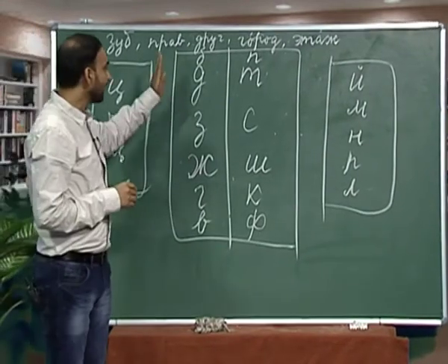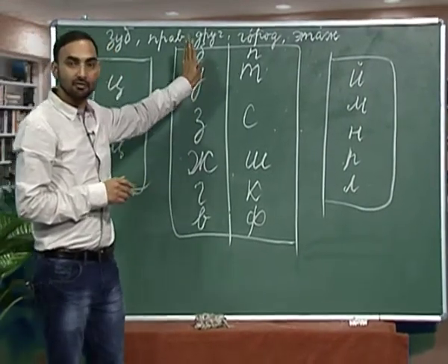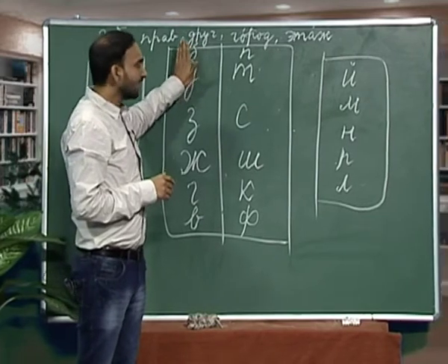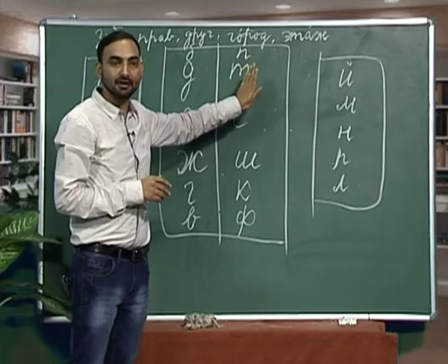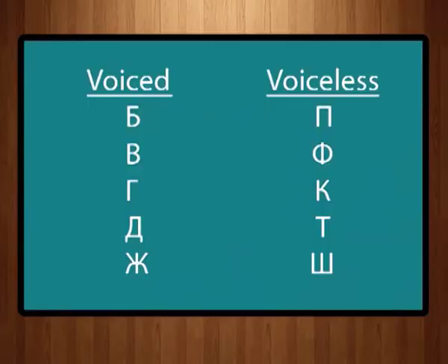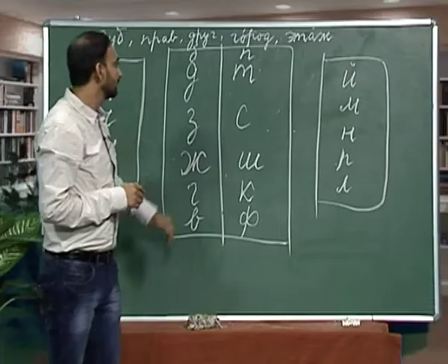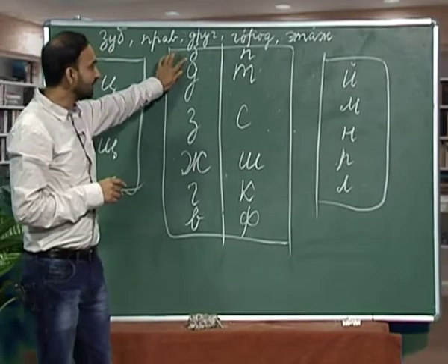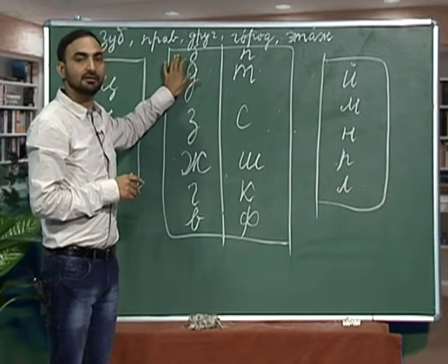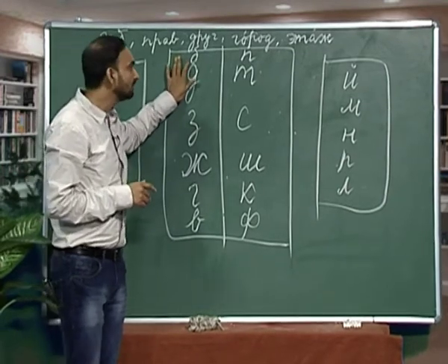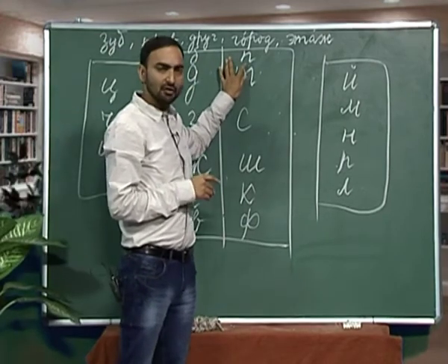As you can see here, the first letter is B. Pronounce this consonant B, and now pronounce P.